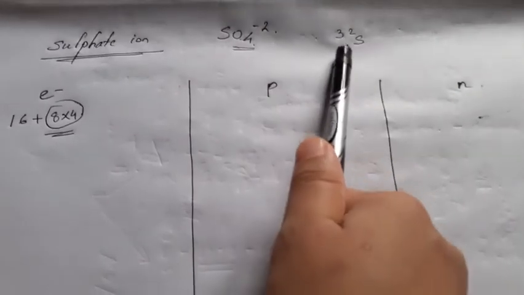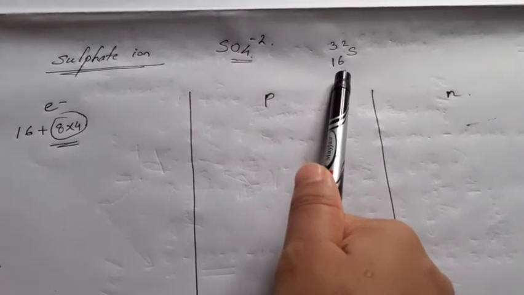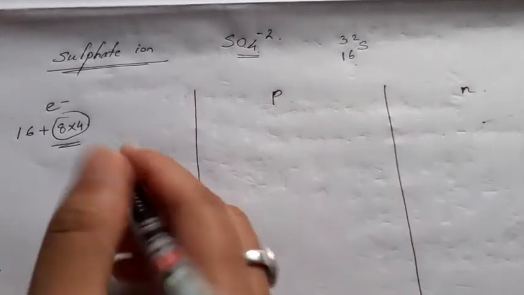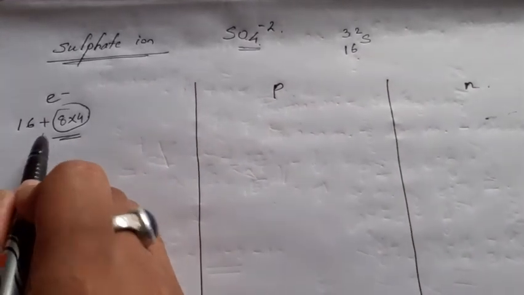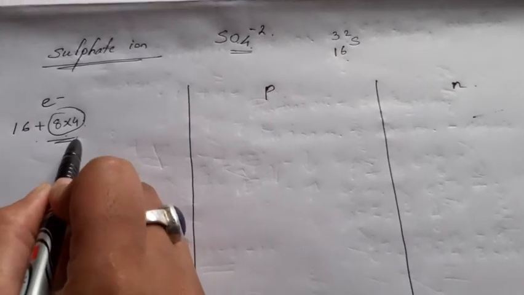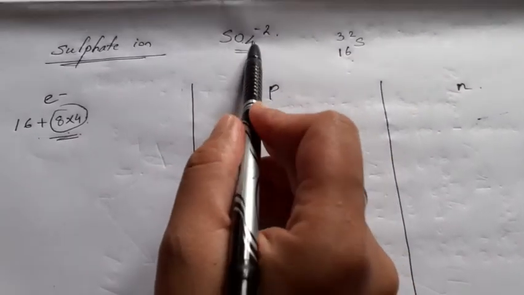Now we will take an example of sulfate ion to make the points more clear. Here sulfate ion is represented as SO4 minus 2, where 32 is the atomic mass and 16 is the atomic number. So we will simply write 16 plus 8 into 4. 8 into 4 is for oxygen.